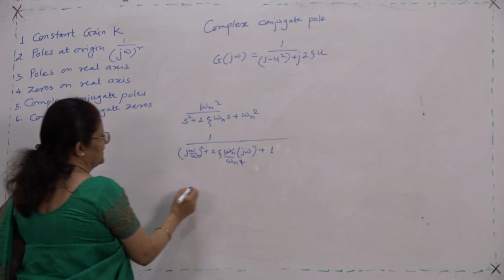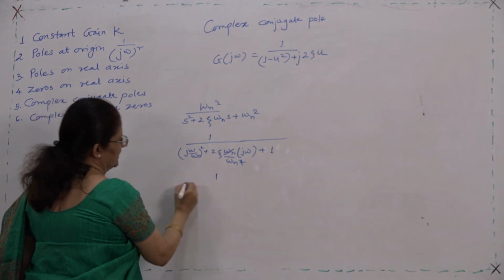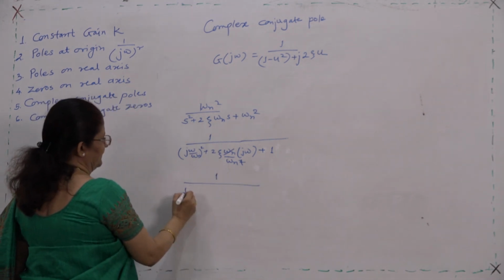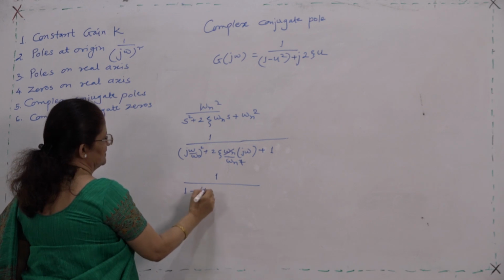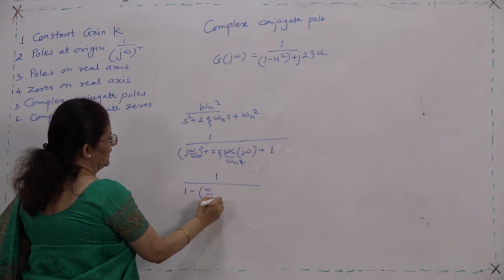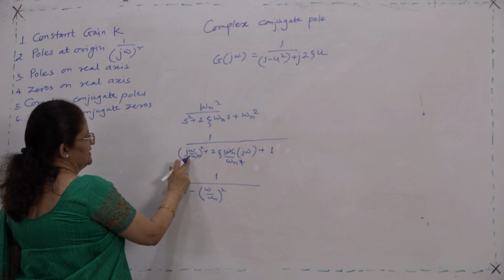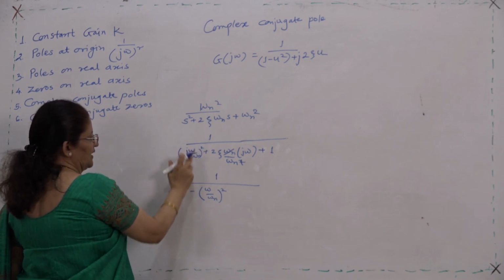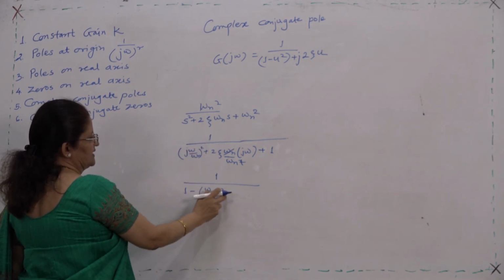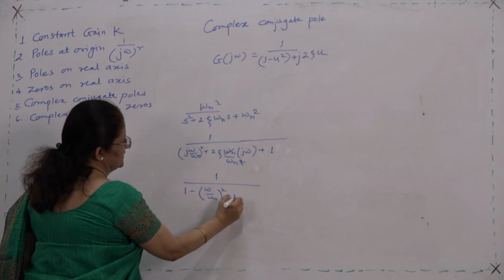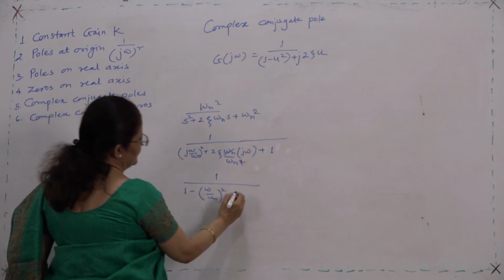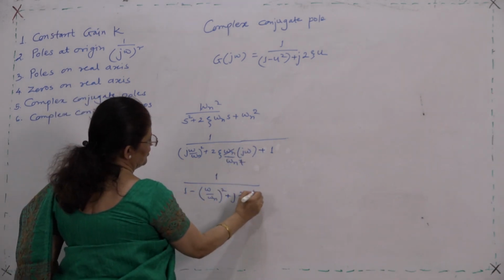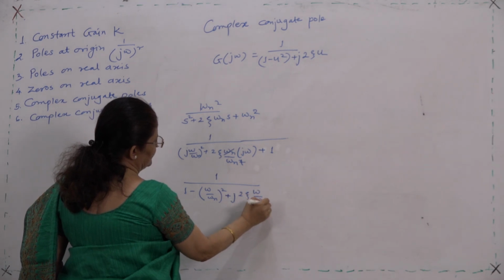So, we will rearrange it and get 1 upon 1 minus omega upon omega n bracket square, since j square is minus 1, plus j twice zeta omega upon omega n.